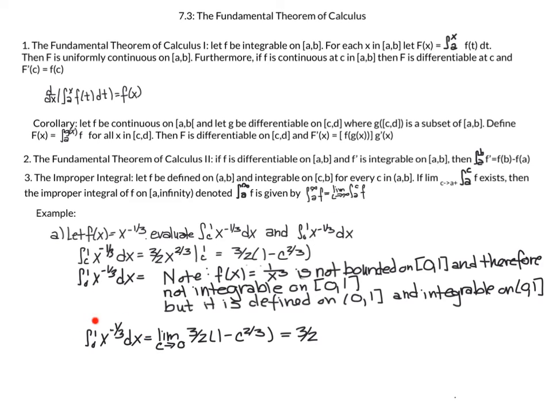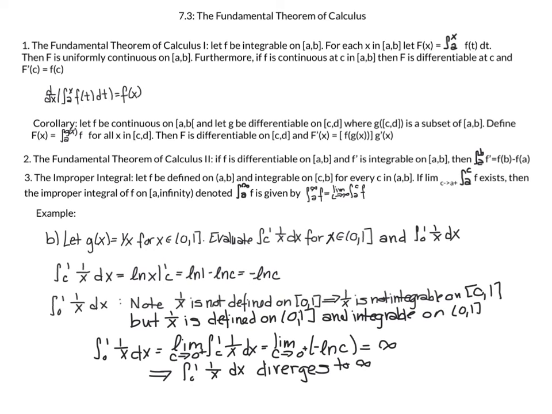To evaluate the integral from 0 to 1 of x to the minus 1/3 dx, we're going to look at the limit, using our definition, as c approaches 0 of 3/2 times 1 minus c to the 2/3. Now as c approaches 0, we will get 0 here, and we'll just be left with 3/2.